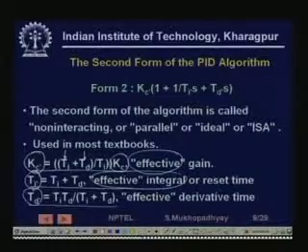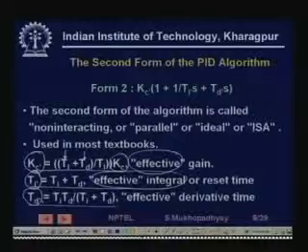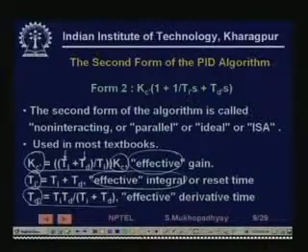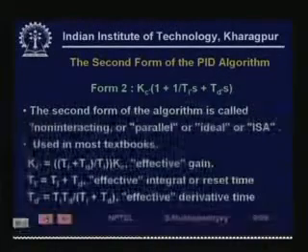Suppose you have read this equation and you are going to a controller which implements the first form, and if you set some values, then the actual values which will be realized will not be equal. So, that needs to be remembered.